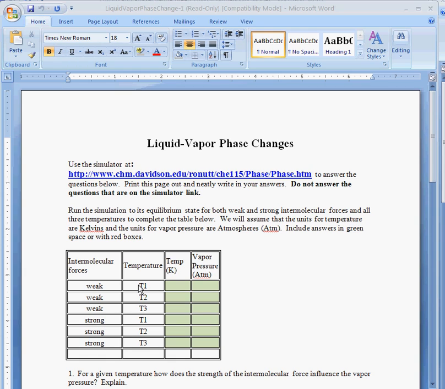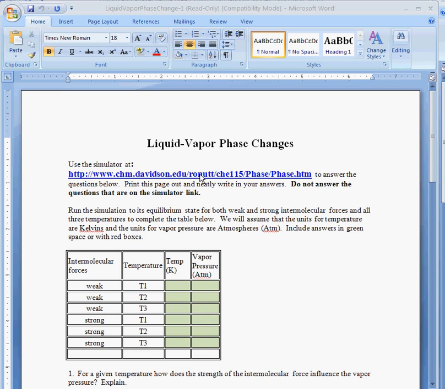For each one, we can vary the temperature from colder, warmer to warmest, and look at how the vapor pressure is influenced by weak to strong, and for a given intermolecular force, how the vapor pressure is influenced by the temperature.